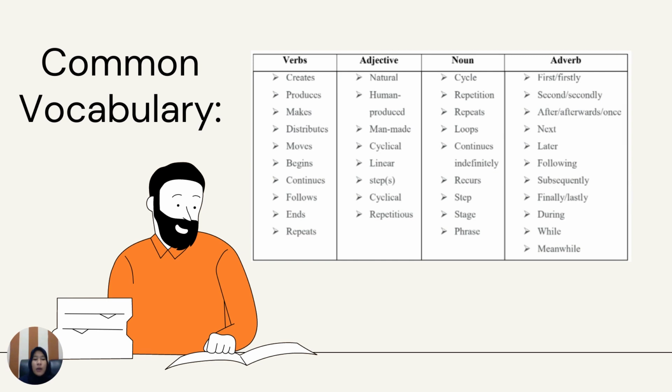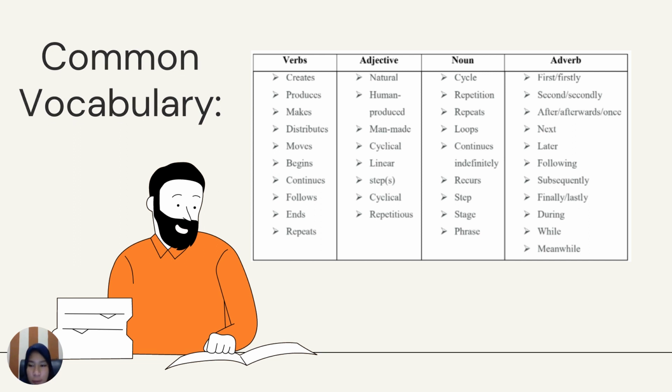And these are common vocabulary used in explaining process. For the verbs, we have creates, produce, makes, distributes, etc. For the adjectives, we have natural, human produced, man-made, cyclical, linear, etc. And for the nouns, we have cycle, repetition, repeats, loops, continuous, indefinitely, recurs, etc. And adverbs, we have first or firstly, second or secondly, after, afterwards, once, next, later, following, and so much more.